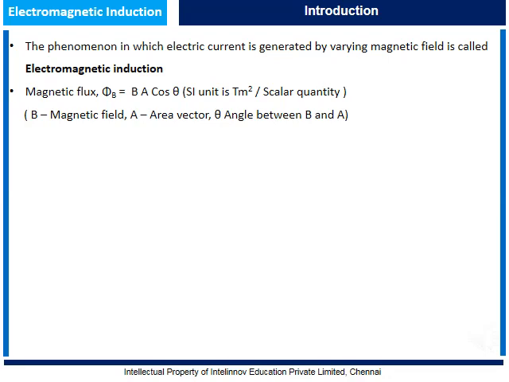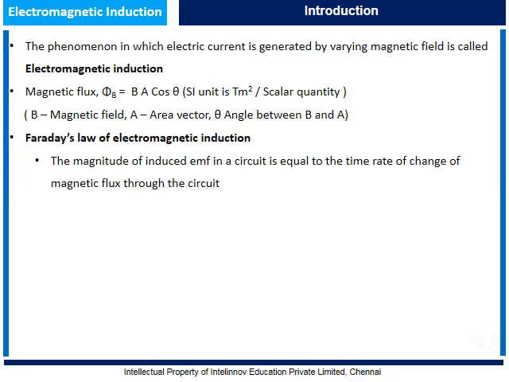Now let us have a look at Faraday's law of electromagnetic induction. The magnitude of induced EMF in a circuit is equal to the time rate of change of magnetic flux through the circuit. That is, induced EMF is given by minus dΦ_B by dt.